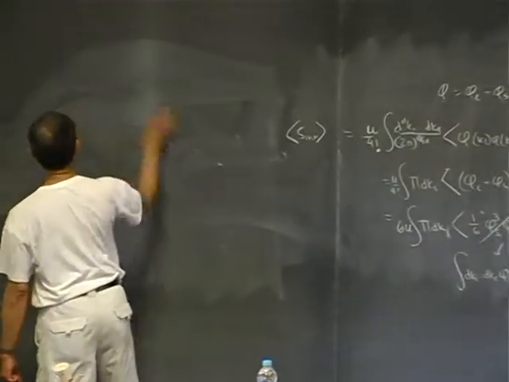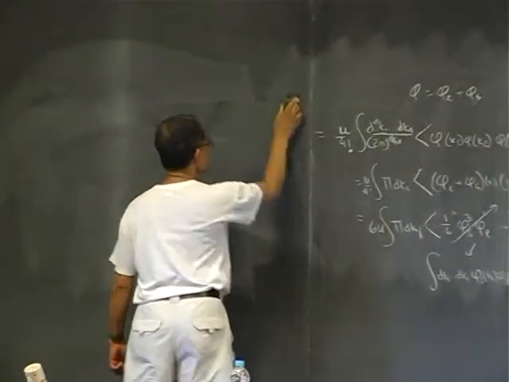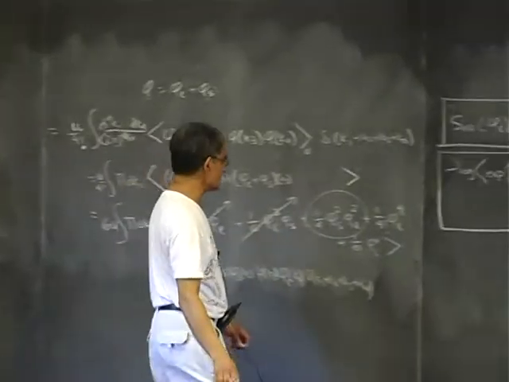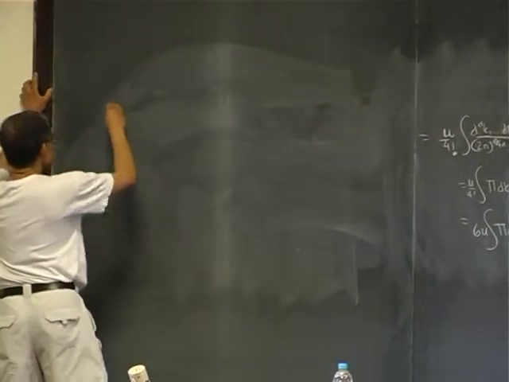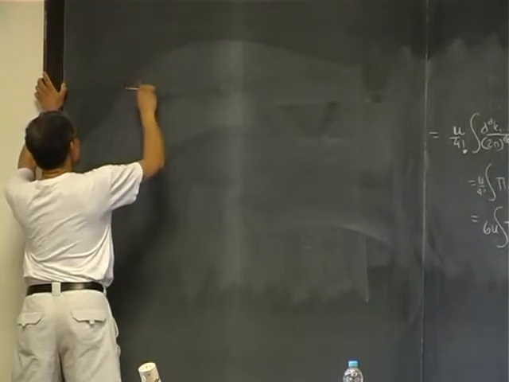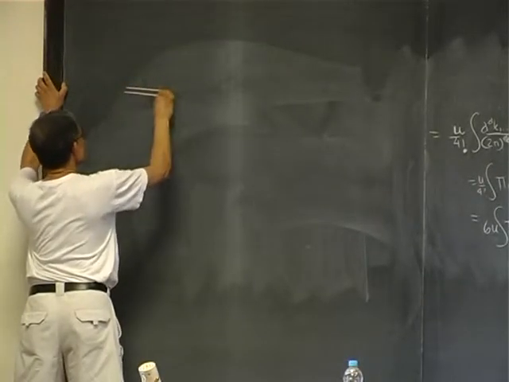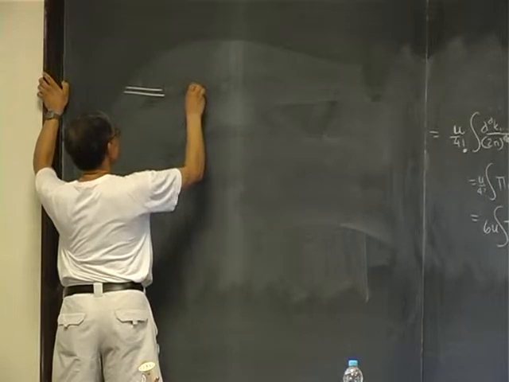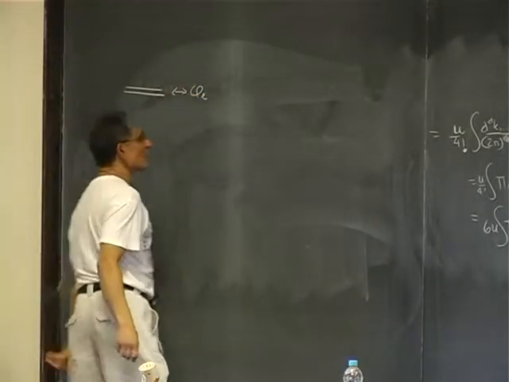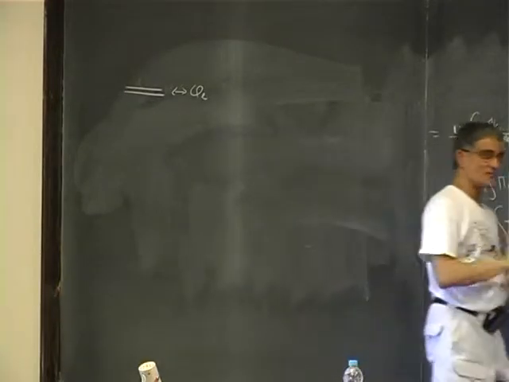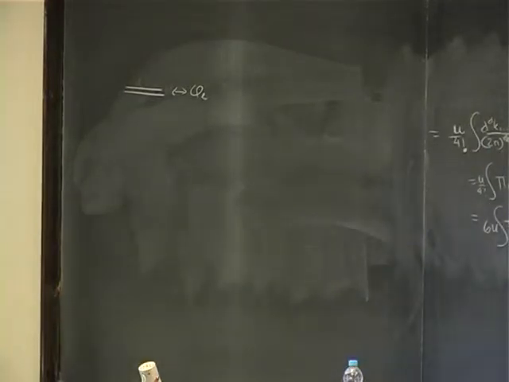So let me introduce a notation for calculating these things. You represent a line. This corresponds to phi L. I mean, each phi L, you just draw a line like that. Okay?